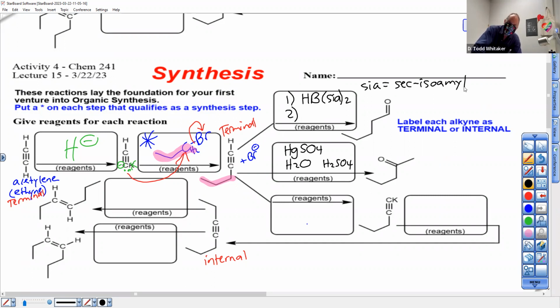So that's hydroboration. Step 2 is oxidation. What's your oxidizing chemical? Water's not going to help. Peroxide, H2O2, and you got to do that acid-base reaction in the first step. You better have a base. Hydroxide. So I know how to make aldehydes, and I know how to make ketones.